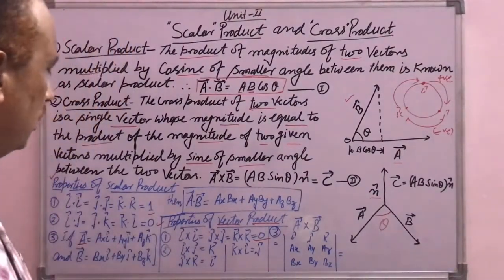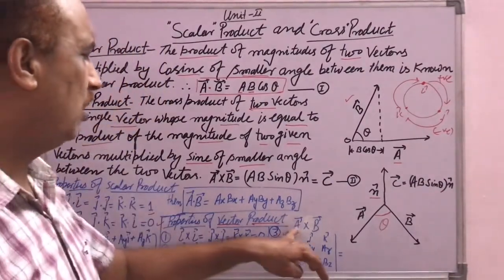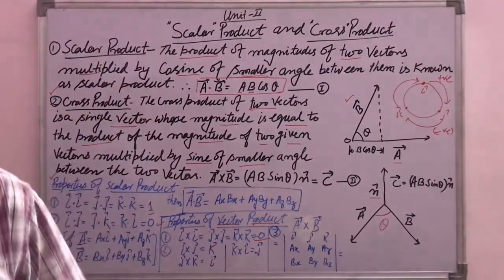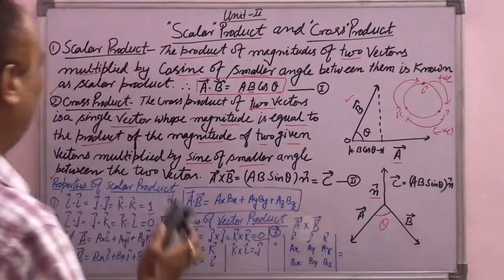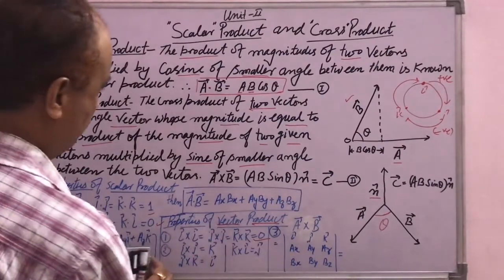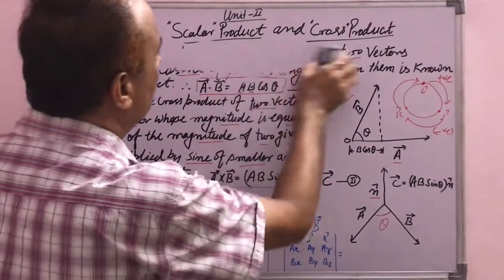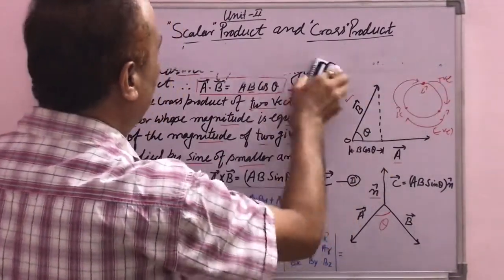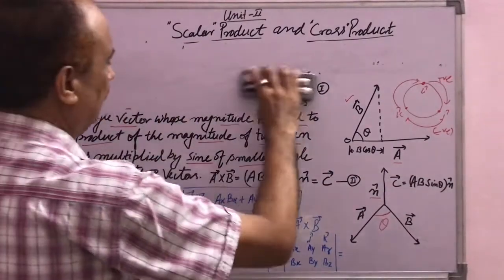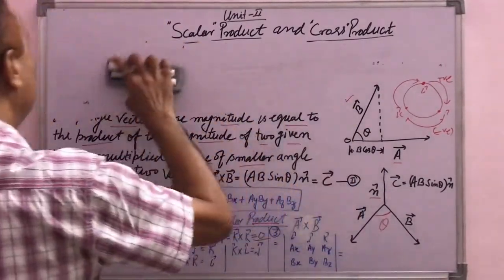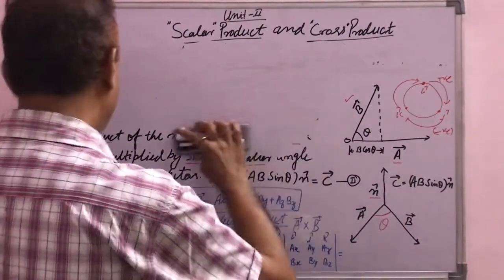Next, the third property is the most important property, in which we have to find the cross product of two vectors, vector A and vector B. When we find the product of the two vectors, it can be found like this. First of all we have to make a matrix for the given two vectors, and after that we have to solve the matrix and find the answer for the cross product.